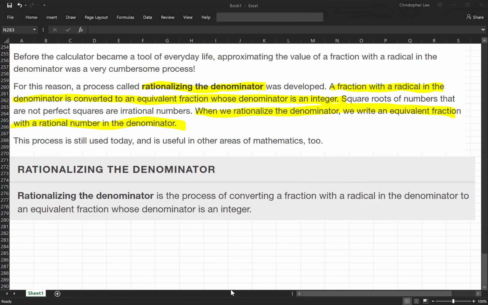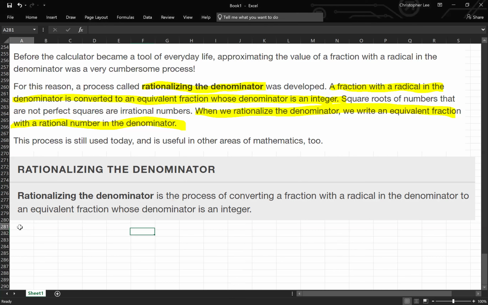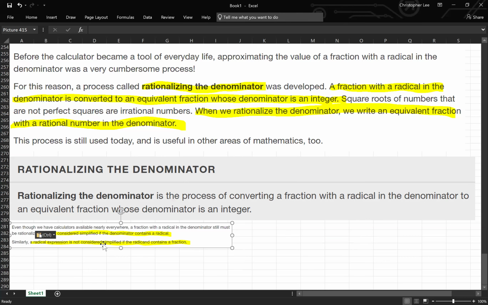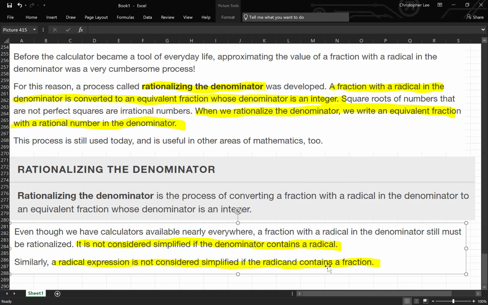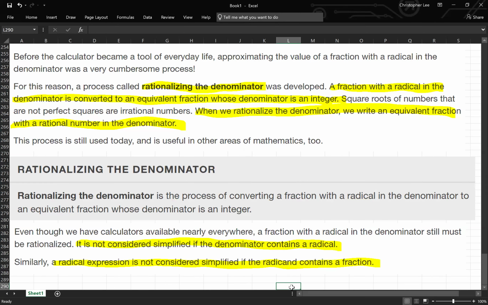All right. Even though we have calculators available nearly everywhere, a fraction with a radical in the denominator still must be rationalized.